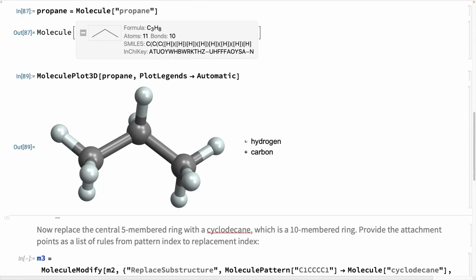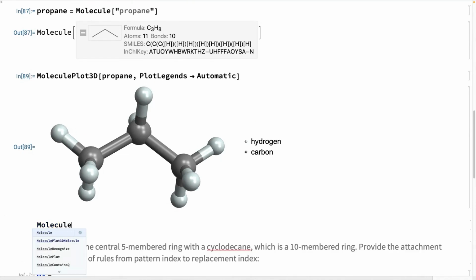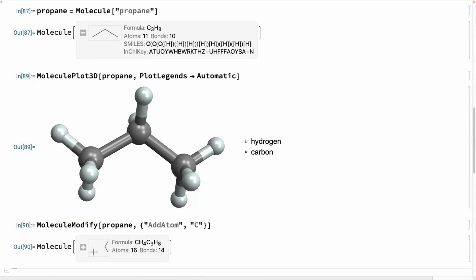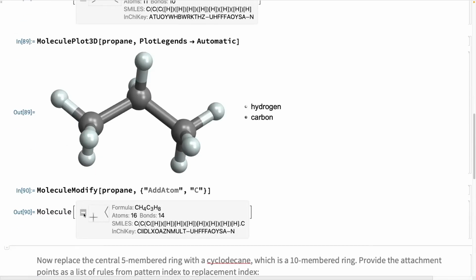And we could do something like molecule modify our propane. And again, in this case, let's just add an atom. And what are we going to add? We're going to add a carbon. And that gives us this.